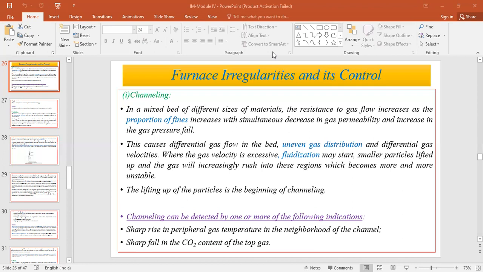Whenever a very good solid reduction reaction takes place inside the blast furnace, the volume of CO2 generation will be more. That will happen when there is good permeability in the bed, that means when the gases are flowing uniformly across the cross section of the blast furnace.